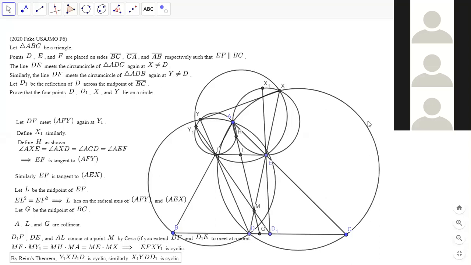Yeah, it seems like we're pretty close. Angle YY1D equals angle Y. Okay, so I'm going to write that out.